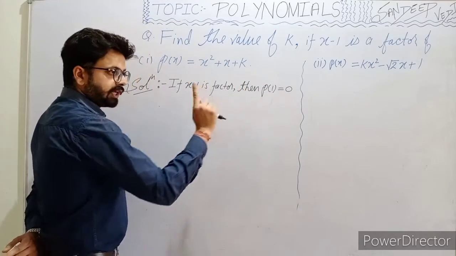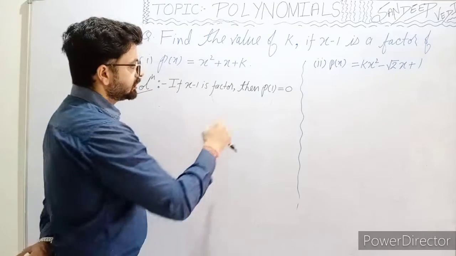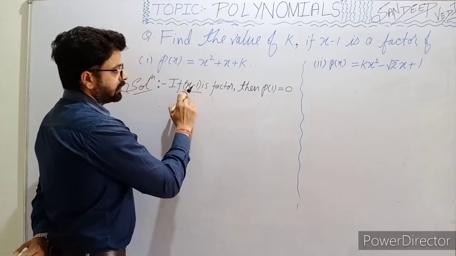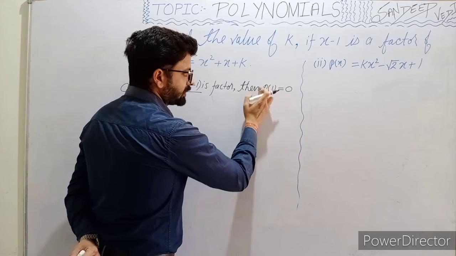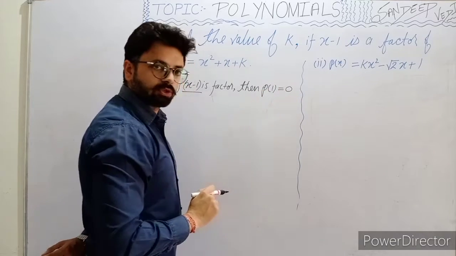Okay, we have discussed the remainder theorem in previous videos. You can see this is one condition, this is the factor. If x minus 1 is a factor, then p(1), this is the remainder, will come equal to 0.